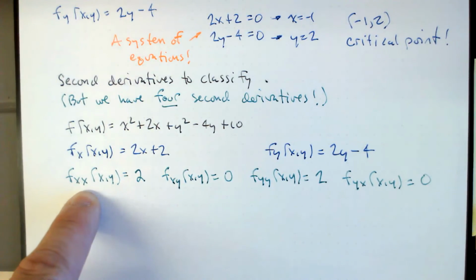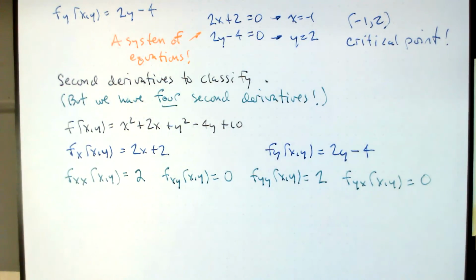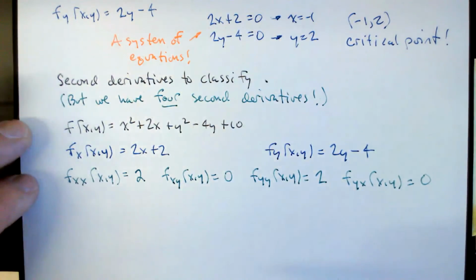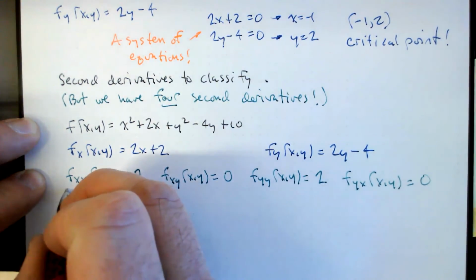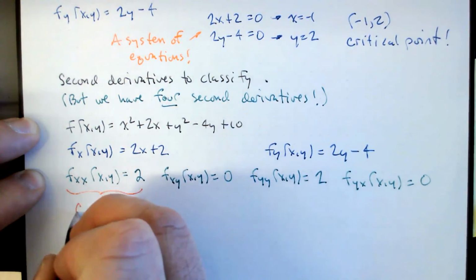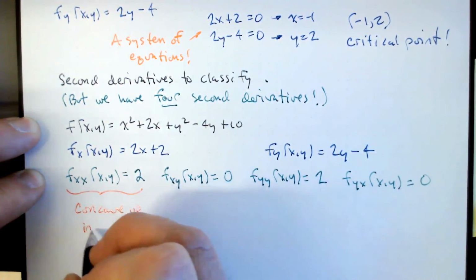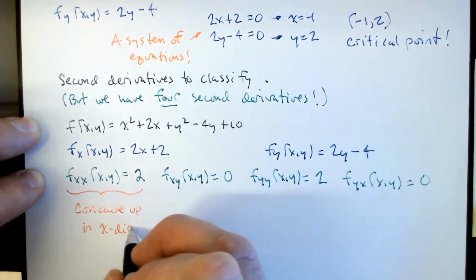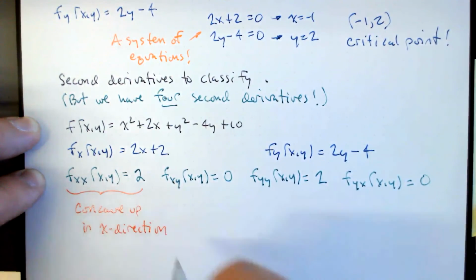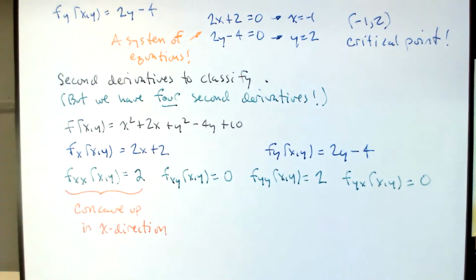We could read this f_xx and think this function is concave up in the x direction, and we might look at f_yy and think that's telling us that we are concave up in the y direction as well.